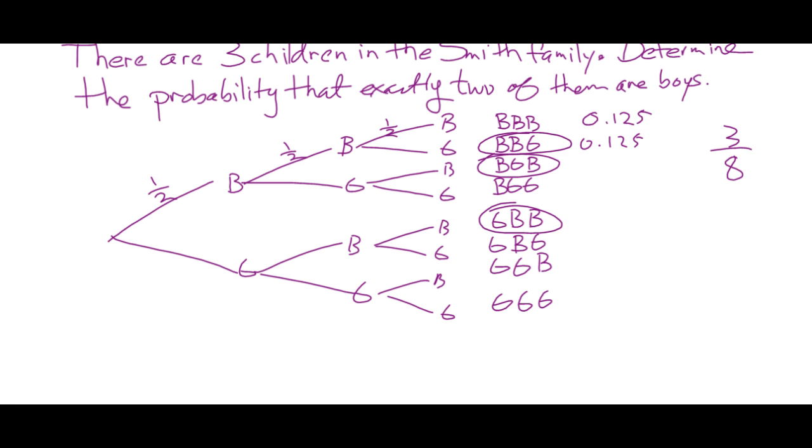So if there's exactly 2 boys, what else is there? One girl. And where can she be in the family? She can be the oldest, the middle, or the youngest. If you've got exactly 2 boys, you have exactly 1 girl, who is either the oldest, the middle, or the youngest. So there's 3 out of 8.